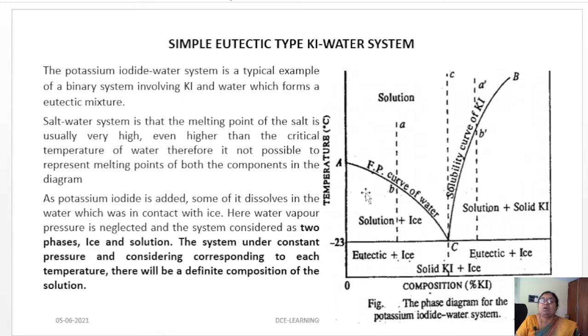If you take a point A dash, a mixture above the ACB curve, it is all in the solution form, that is the potassium iodide solution.